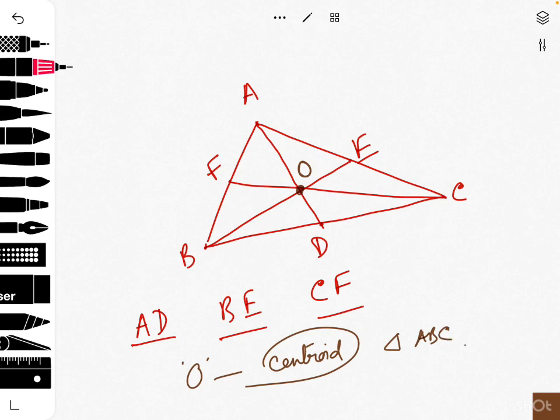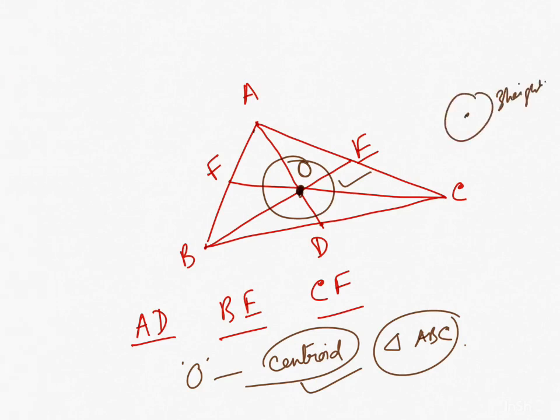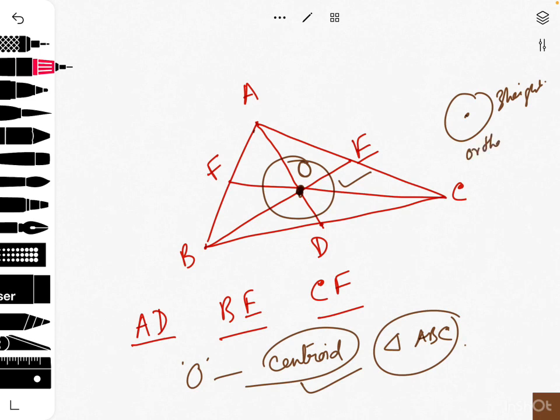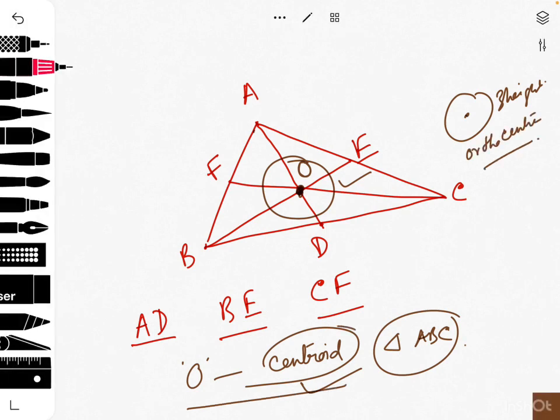The point O, where the three medians intersect, is called the centroid of the triangle ABC. The point of intersection of the three heights is called the orthocenter, and the point of intersection of three medians is called the centroid of the triangle.